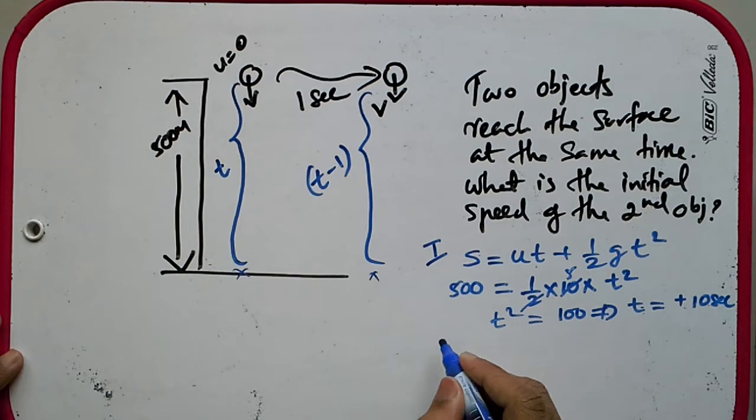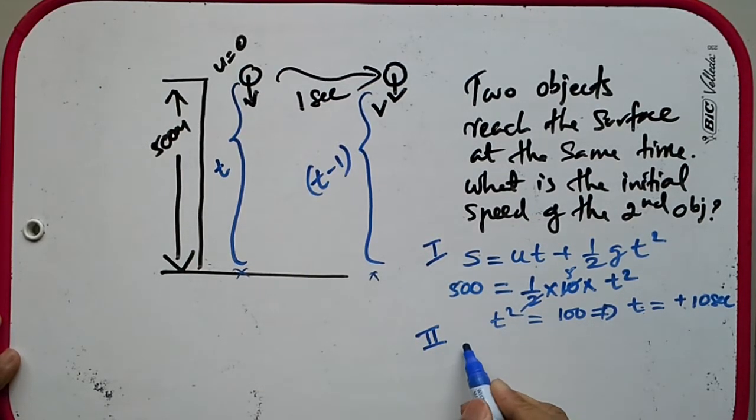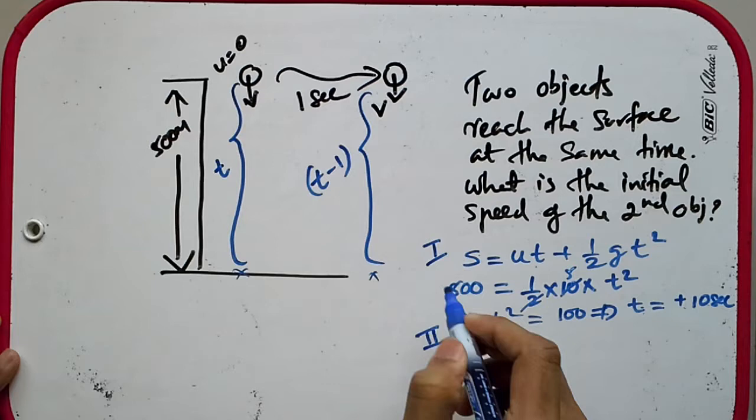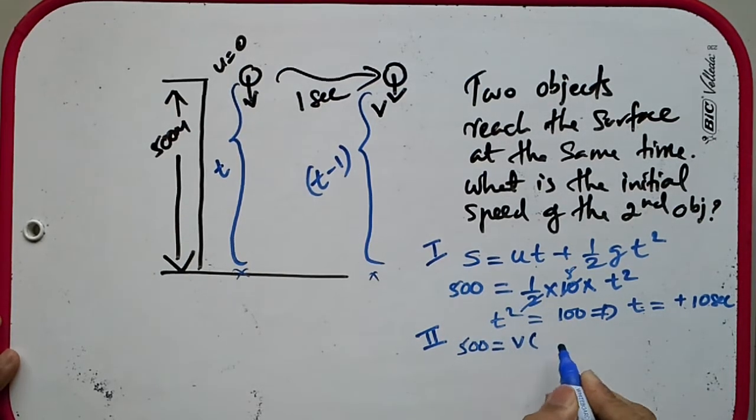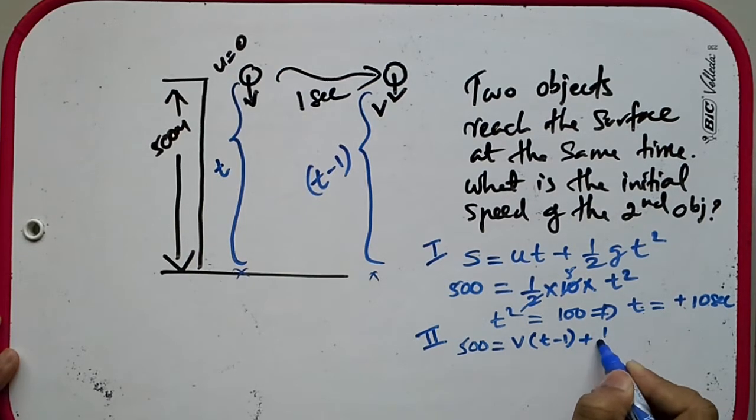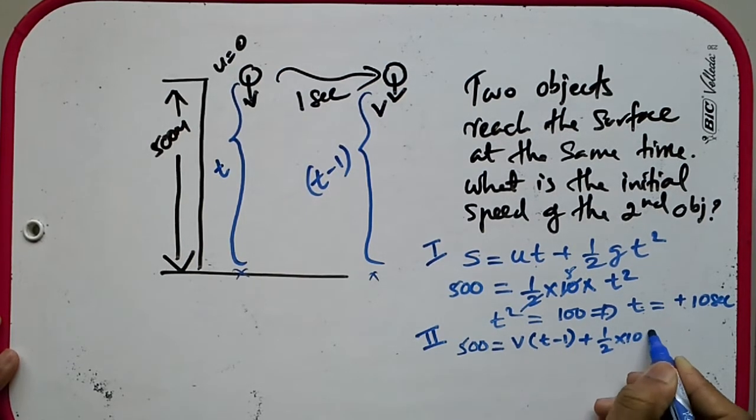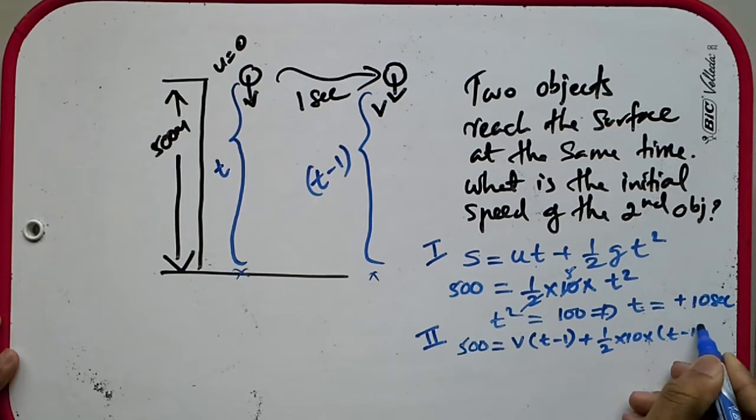For the second one, because our question is we need to find this v, I'll use the same equation. For the second object, it covers 500 meters and the initial speed is v. So v into t minus 1 plus half 10 into t minus 1 squared.